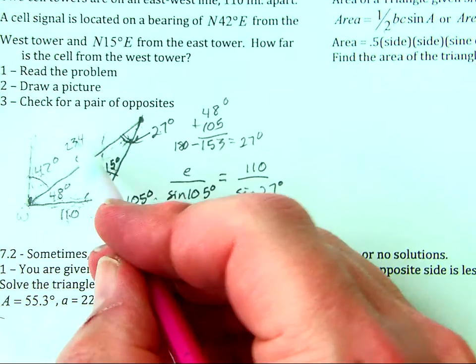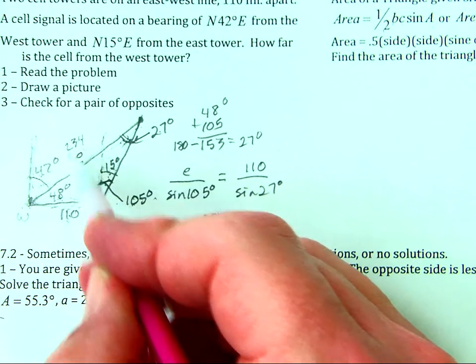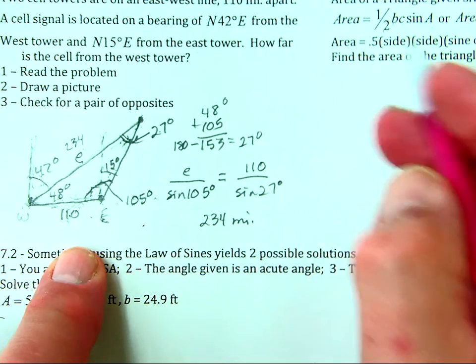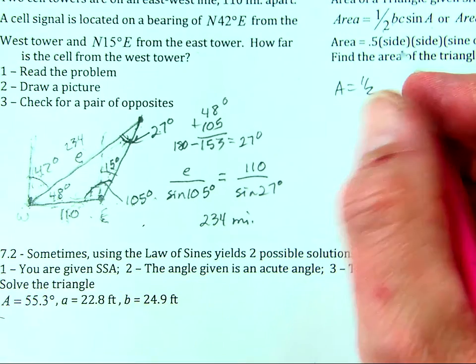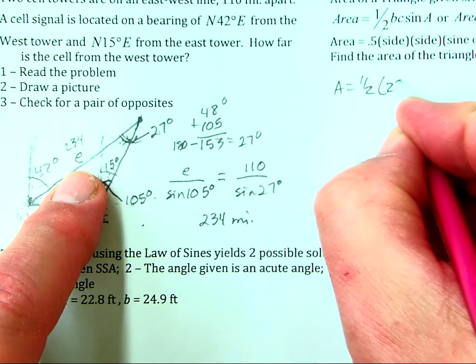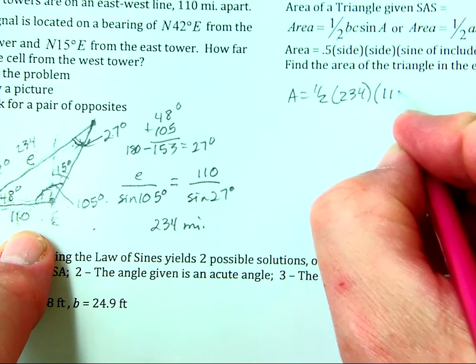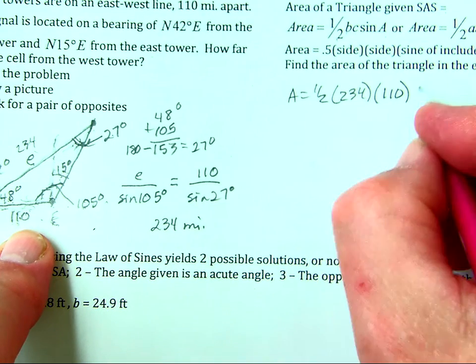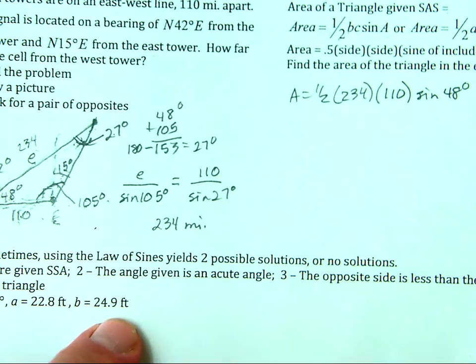So if you look, we know this side, and we know the angle between them. So that's side, angle, side. So let's use that formula. Our area is 1/2 times each of the two sides, so times 234 times 110 times the sine of the angle between them, which was 48.